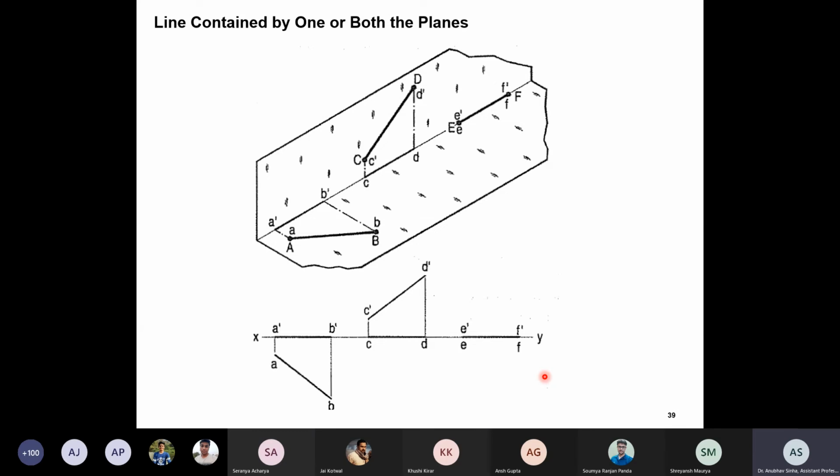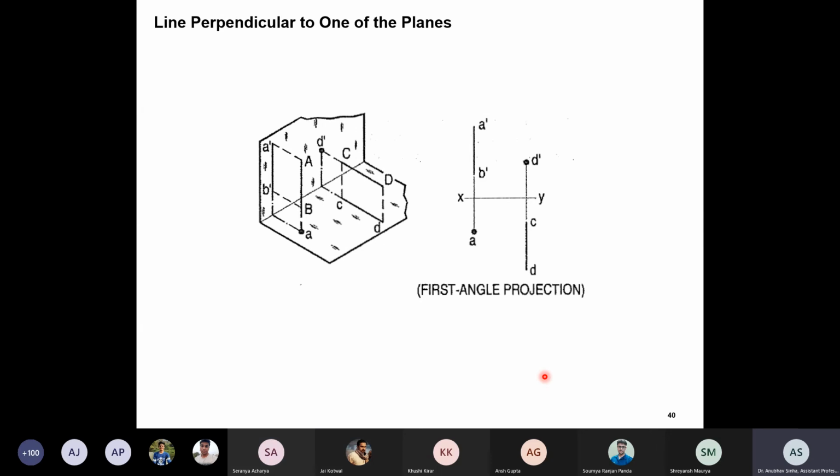Okay, so let us look at another example. Let us say this line is perpendicular to one of the planes. So AB is perpendicular to this horizontal plane, and it is parallel to the vertical plane. In contrast, CD is perpendicular to the vertical plane and parallel to the horizontal plane. So for AB, I will first draw the projection on the vertical, A dash B dash, and only A is seen here.